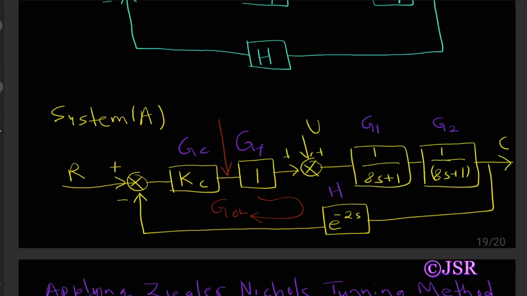So we will only consider the transfer functions for the final element GF, the process GP, and H while considering the open loop transfer function GOL. Or we can say we can consider GC equal to 1.